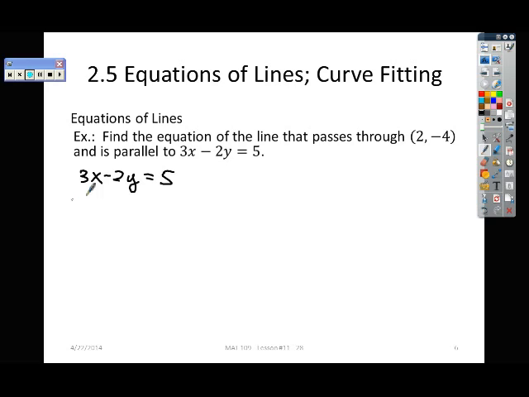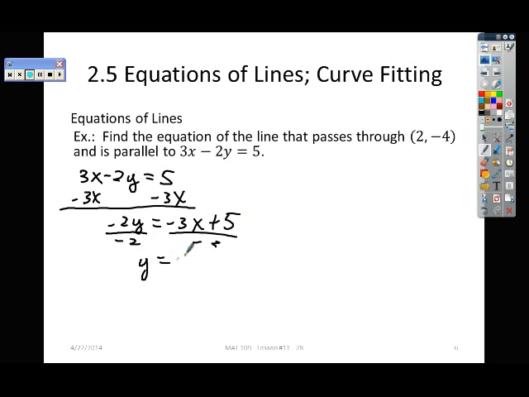So if I want to solve it for y, I'm going to subtract the x term to get it to the other side. I'm going to divide by the coefficient. That's y equals mx plus b form, right? Y equals mx plus b.